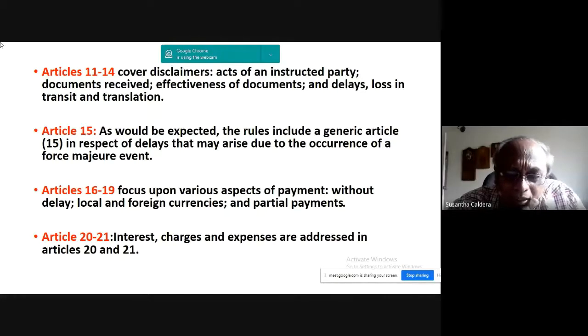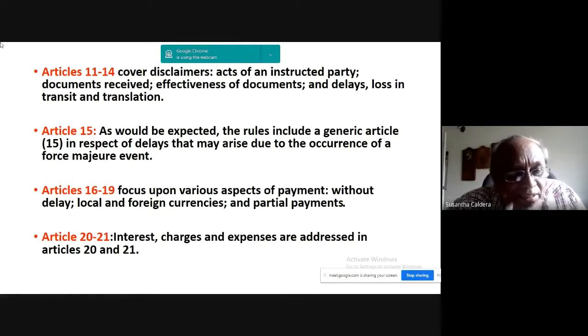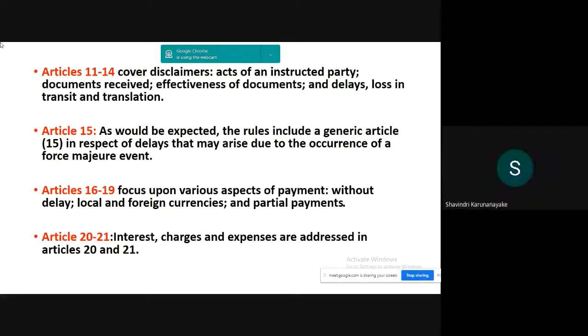Very good, you are doing the correct thing. In the SWIFT, what are we mentioning? That the bill remains as unpaid or unaccepted.